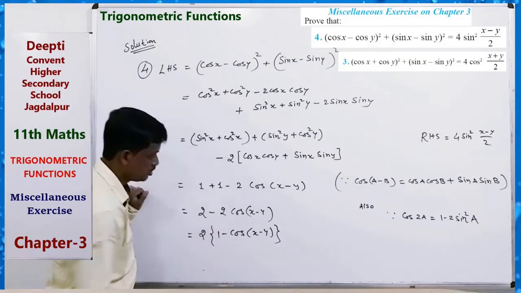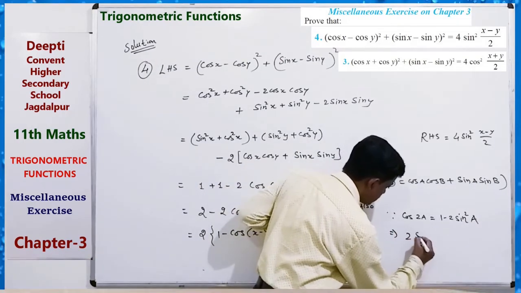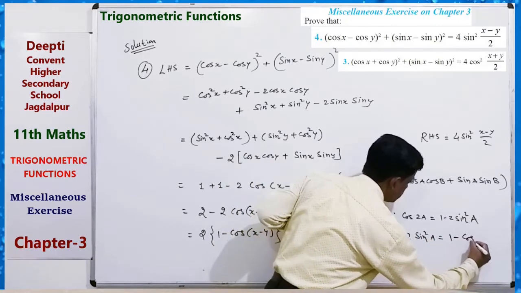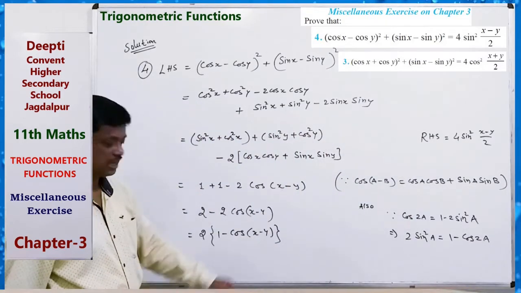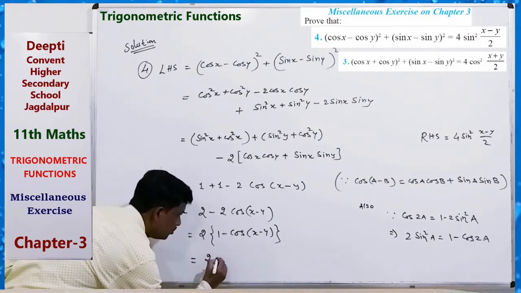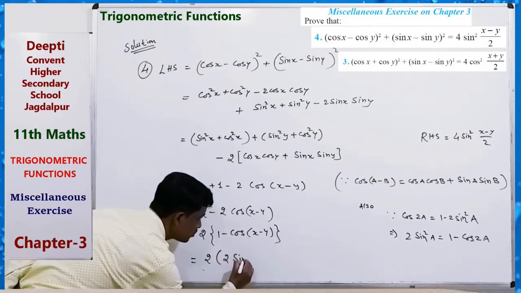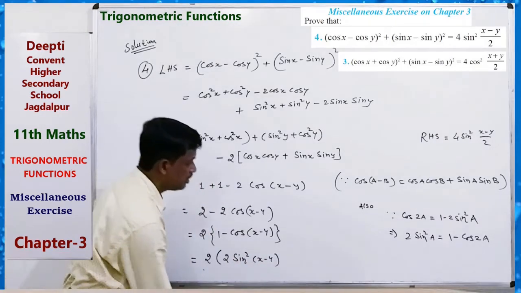So 2 sin square a equals 1 minus cos 2a. In place of 2a we use x minus y, so a is (x minus y) by 2.